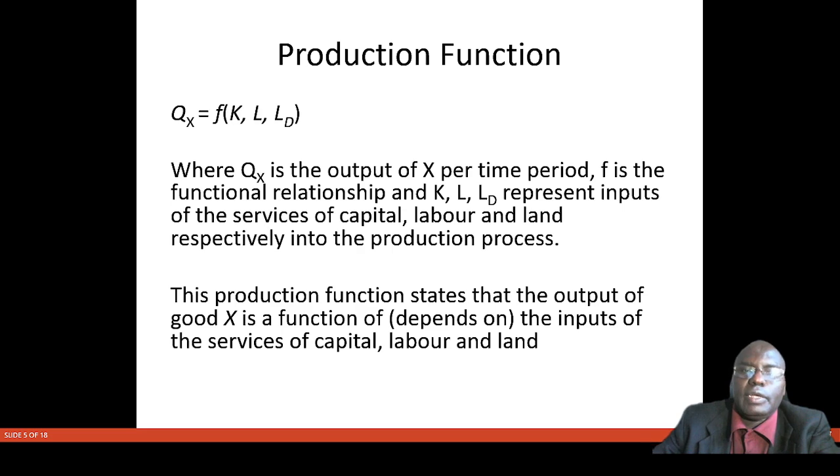Now, where QX is the output of X per time period, F is the functional relationship, and K, L, and D represent inputs of services of capital, labor, and land, respectively, into the production process. This production function states that the output of good X is a function of or depends on the inputs of the services of capital, labor, and land.